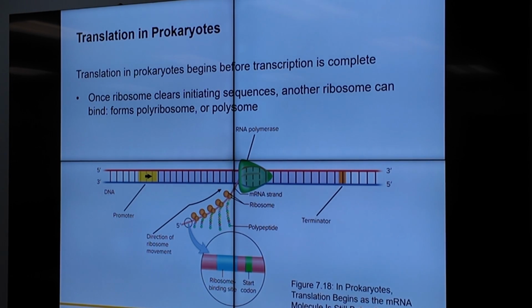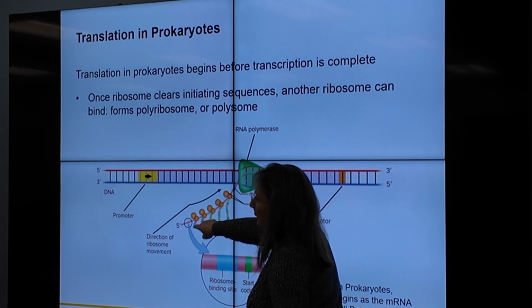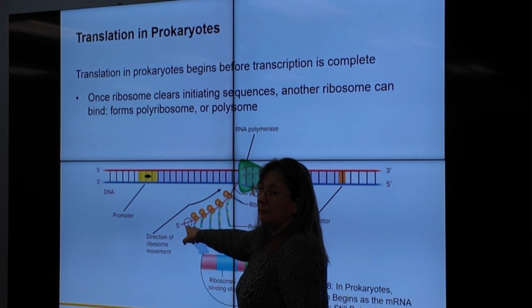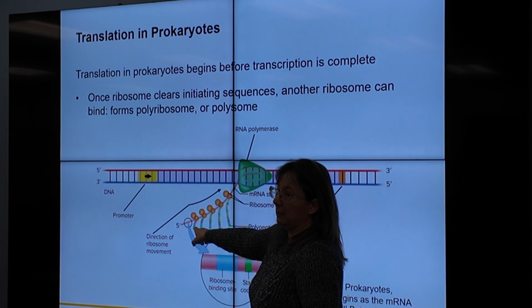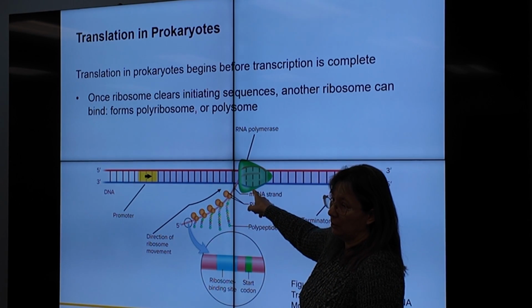Before I show you the video, the one really, really amazing thing about prokaryotes, because everything is in the cytoplasm, and because there's none of these modifications. So here's your DNA. The cell is making RNA. The moment there is a ribosome binding site available, a ribosome will bind it. And it's going to start making protein before this RNA is ever even finished.